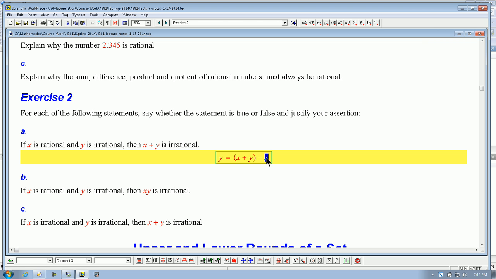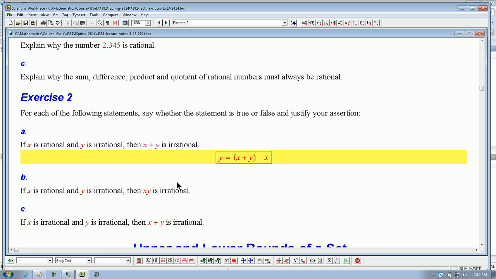This one's given rational, right? If you subtract one rational from another, you get a what? A rational. So therefore, if x plus y is rational and x is rational, then y has to be rational as well. So if x is rational and y is irrational, there's no way this one can be rational. See it? So those people who said true, you were right.